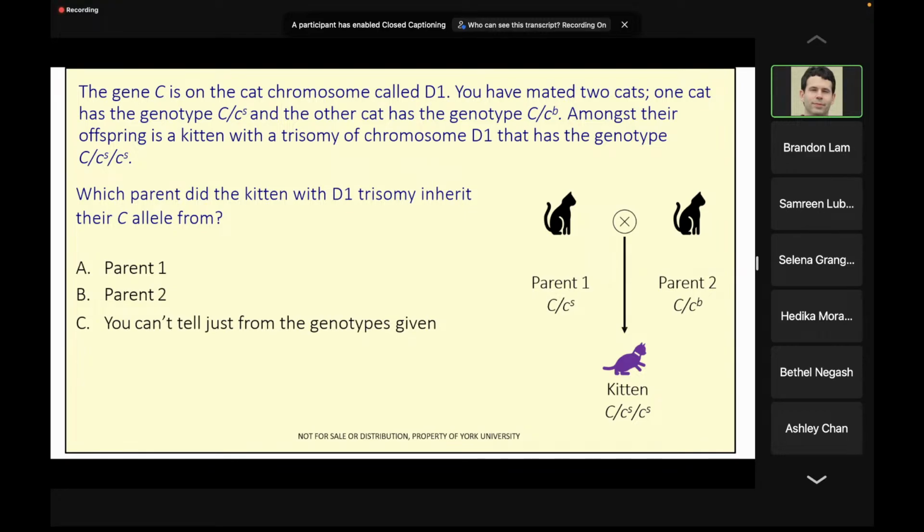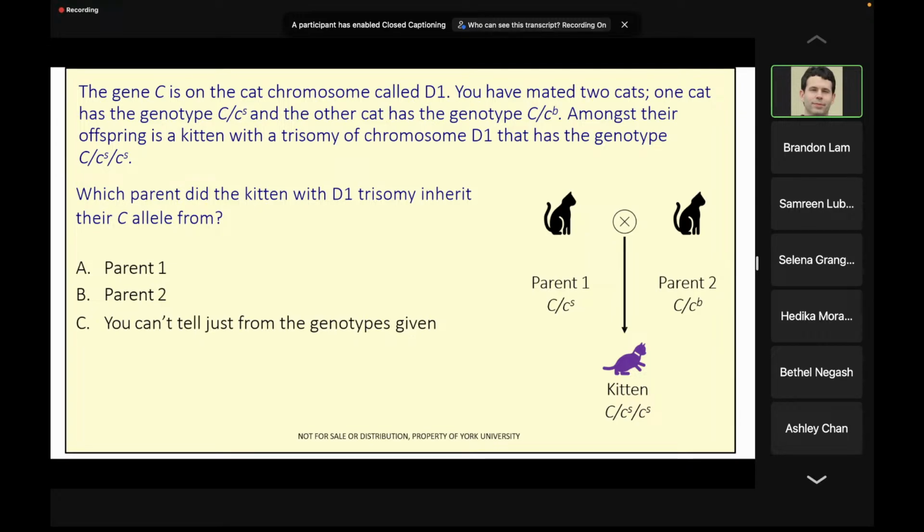5, 4, 3, 2, 1. All right, let's make sure we're having an understanding. 58% of the class is saying that the answer is parent 1. And 28% of the class are saying it's parent 2.